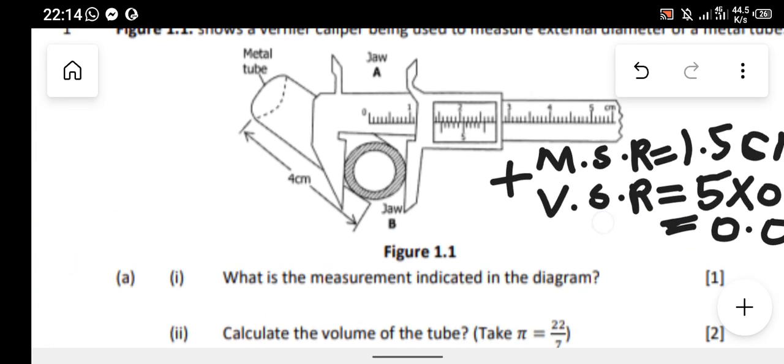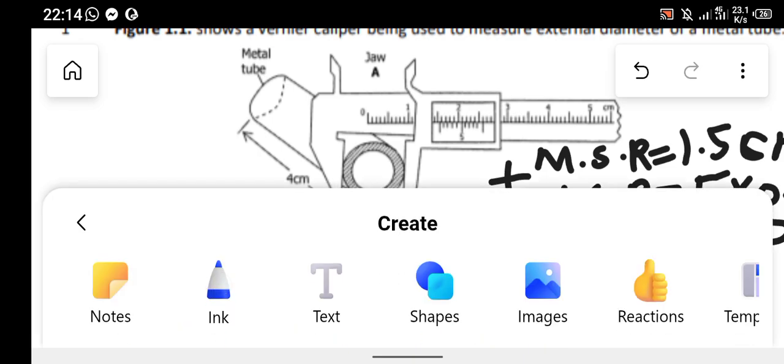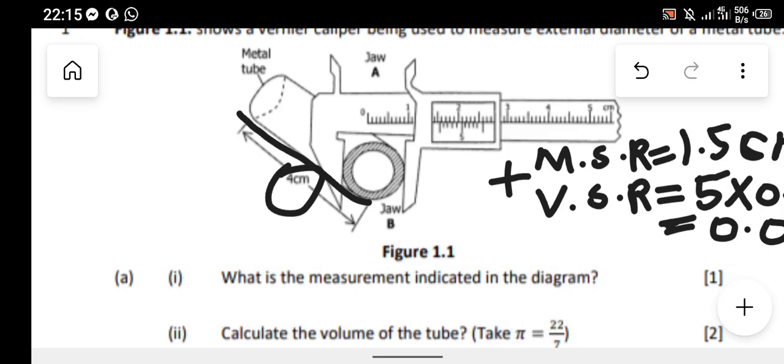I'm sure you have seen it just by looking at the diagram. You see that from here to there, that's our height, and this is 4 centimeters. So we know that our height is 4 centimeters.